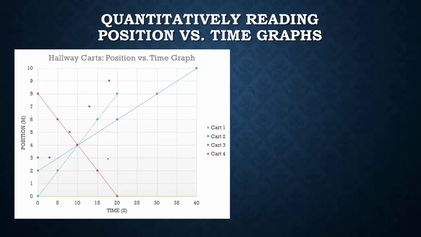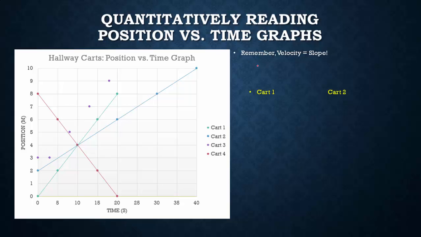Well, how can we quantitatively read position versus time graphs? Remember, the slope of a position versus time graph is telling you the velocity. So if I wanted to know exactly what the velocity of these carts were over time, I would want to know what the slope was.